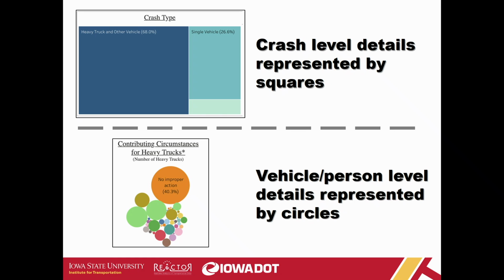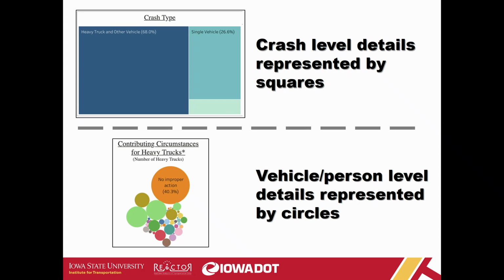Crash data is also very hierarchical. So you have the crash level attributes that pertains to the entire crash, but then you start getting into the vehicle and person level details as well.